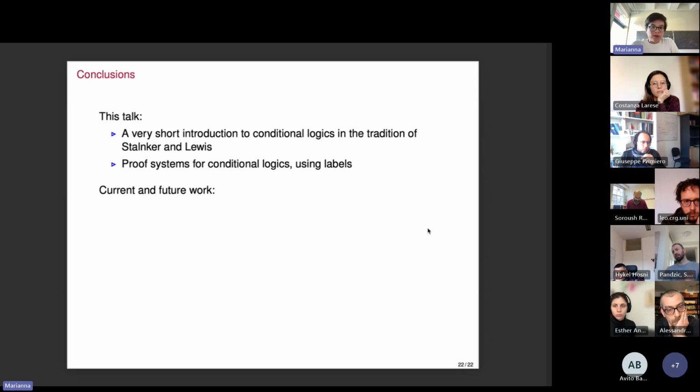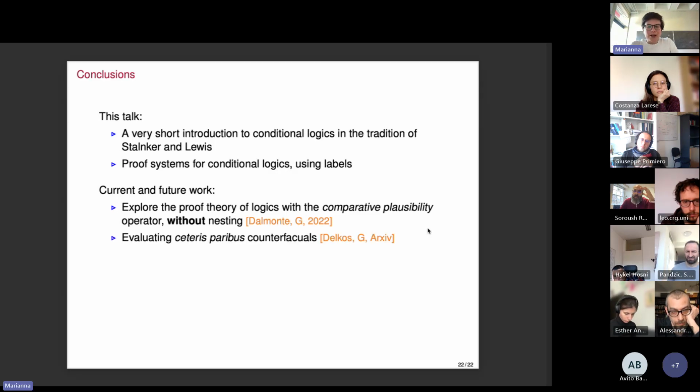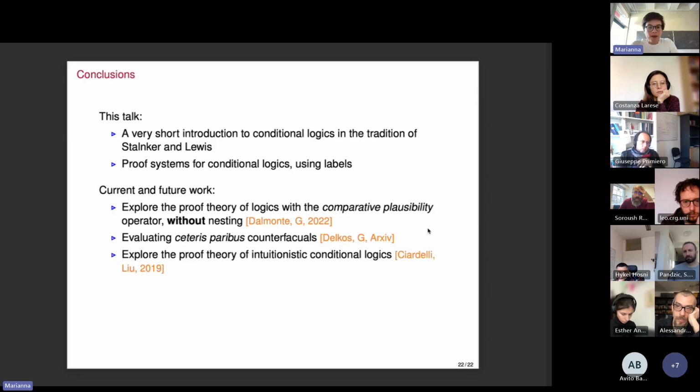What I would like to do, as current and future work: I haven't really discussed the comparative plausibility operator, but it's another operator that Lewis defined and that might deserve some study on its own. Ceteris paribus counterfactuals I also haven't described. These are counterfactuals in which you specify some additional conditions that ought to be kept unchanged in the evaluation.